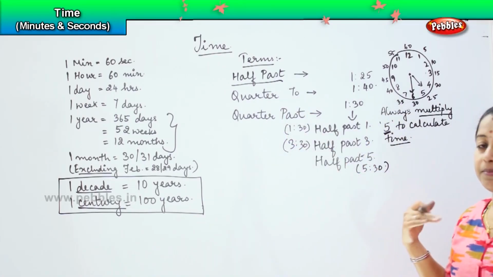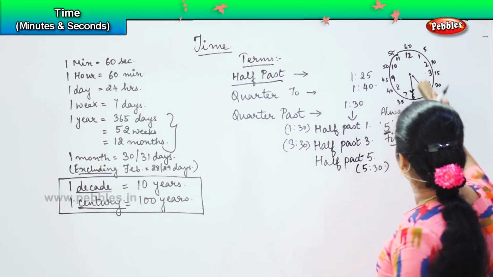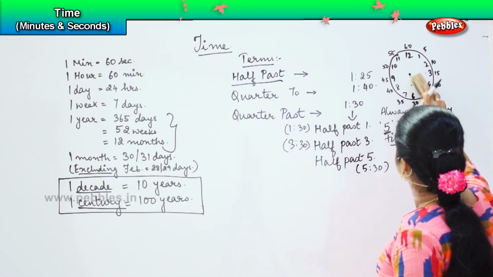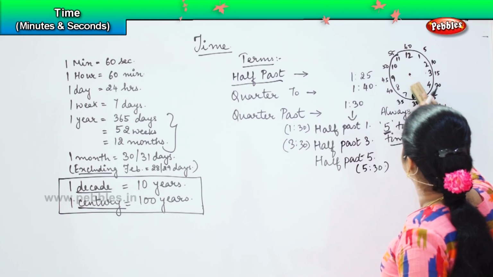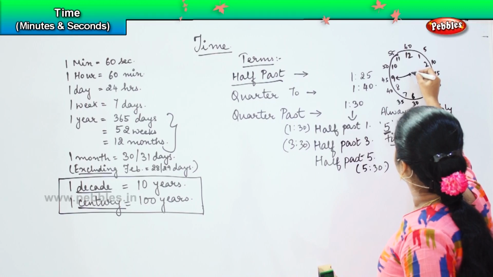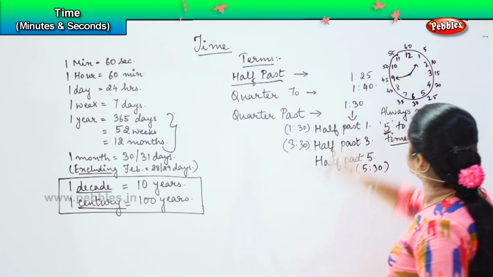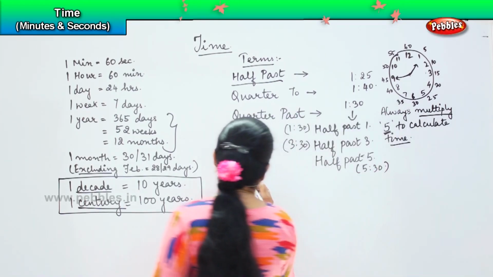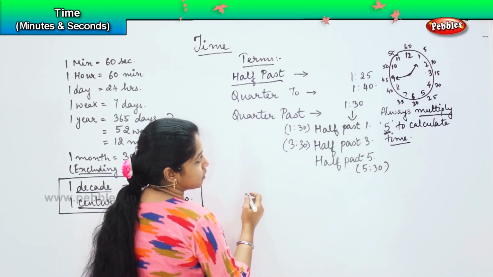Quarter to means the time is yet to get over. So, whenever you see your minutes needle in 9, okay? Now, suppose your minutes is in 9 and your hour is in say 1. So, how will you write this time?